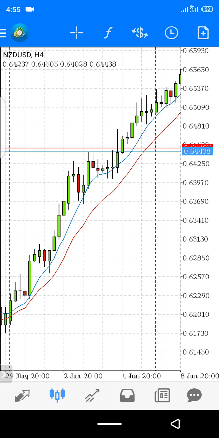Most moving averages are based on the closing price. For example, a 4-hour moving average on a 4-hour chart is the sum of the closing prices divided by 4, like our normal average calculation in secondary school.